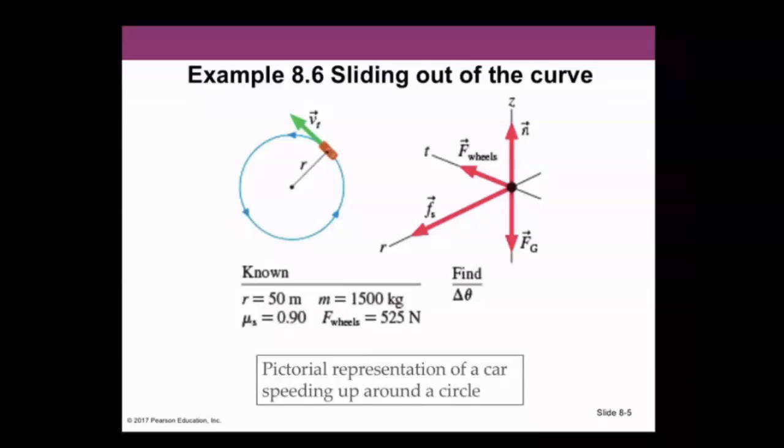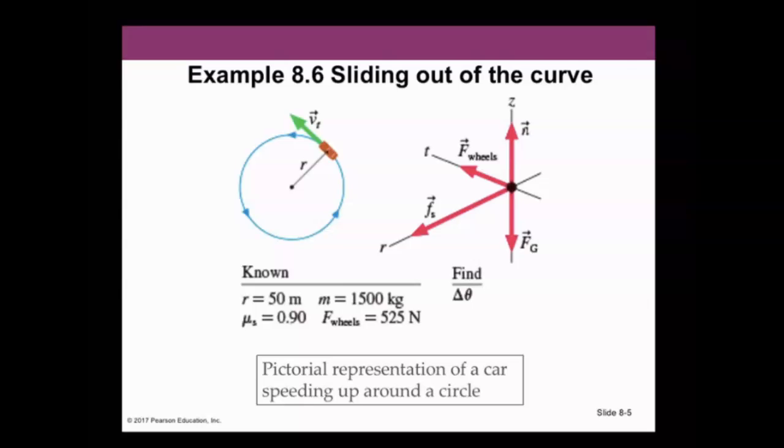So here's a drawing of our example. On the left, we see from above, the car is going around following a circular path of radius r, and in any instant, its tangential velocity is v sub t, as shown.